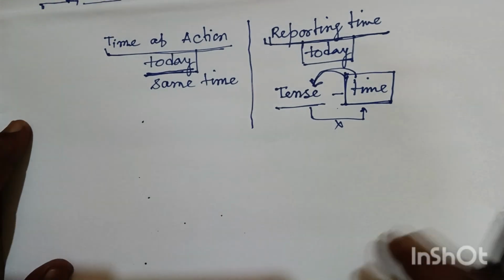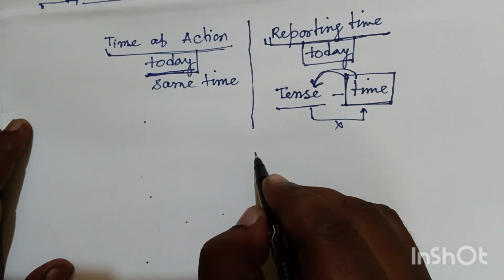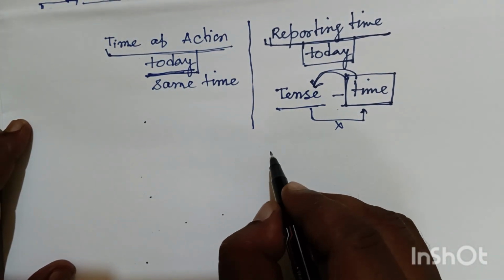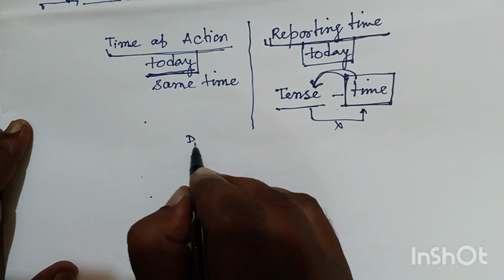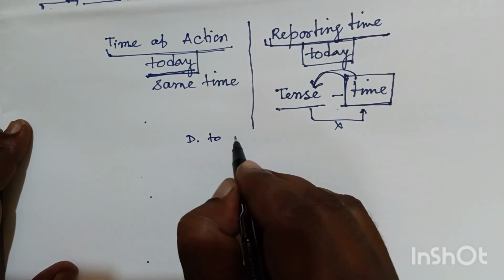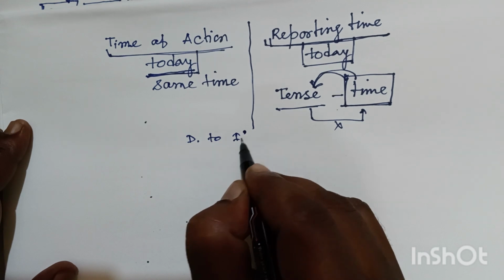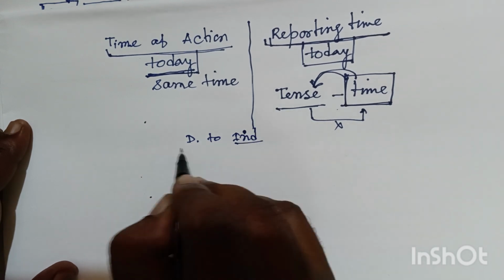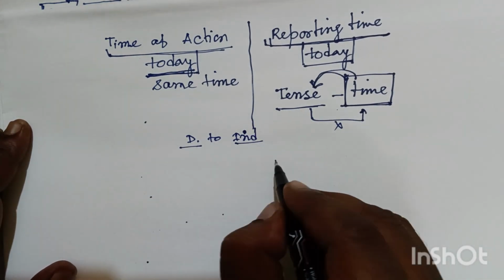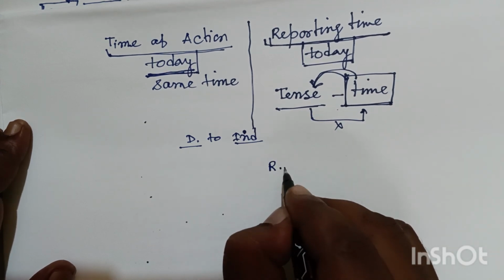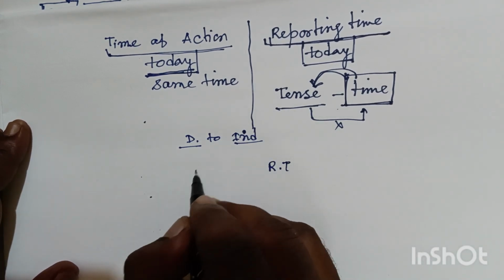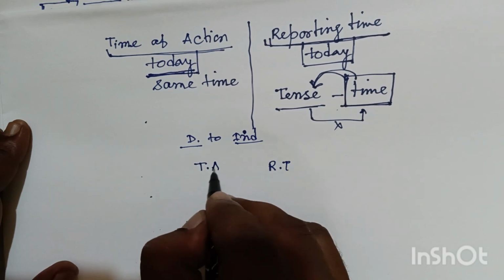Friends, we always relate these two things. Whenever we convert direct to indirect, we always relate reporting time and time of action.